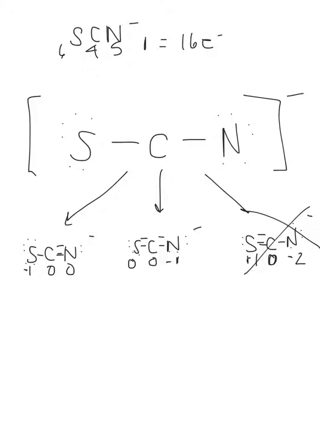So if we're stuck between 2 structures, one where the negative charge is on the sulfur and the other where the negative charge is on the nitrogen, the structure where the negative charge is on nitrogen is going to win. Why? Because nitrogen is more electronegative.